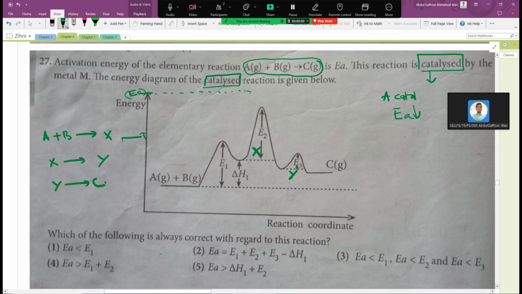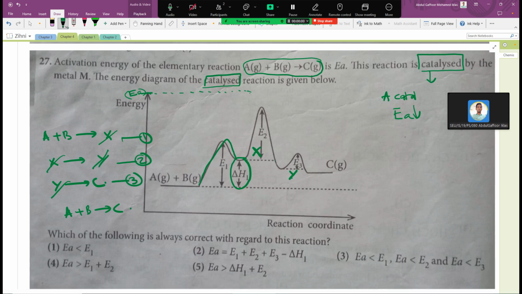So this is the first step reaction, this is the second step reaction, this is the third step reaction. If you add these three reactions, X and Y will cancel, and ultimately you will get A plus B becomes C. Now to produce X from A plus B, we have this amount of activation energy, and during that reaction delta H1 amount of energy is absorbed.